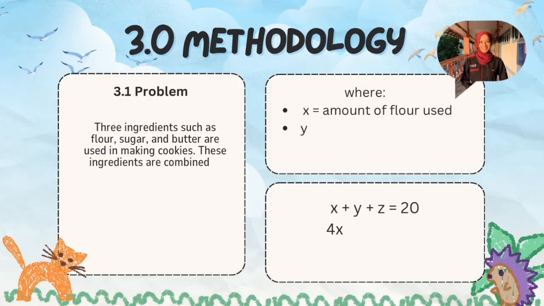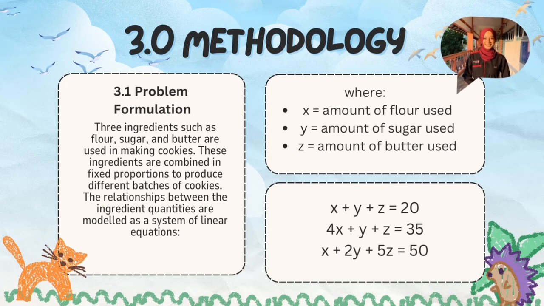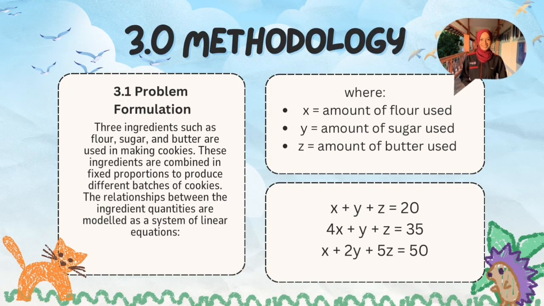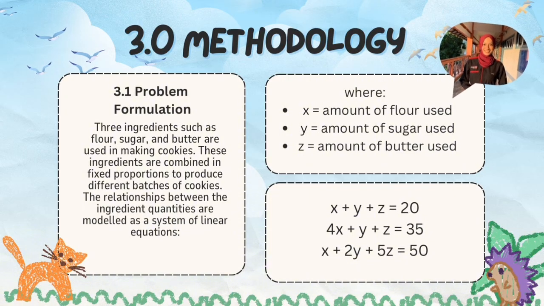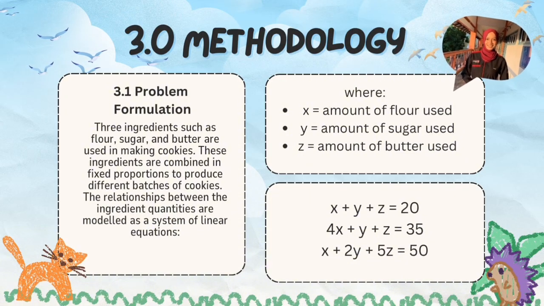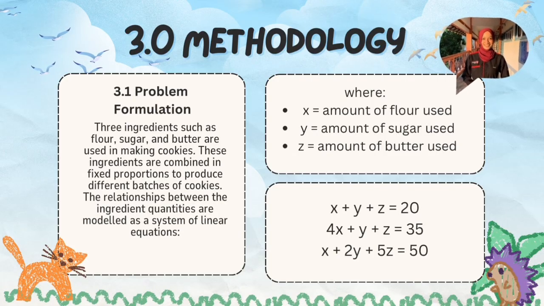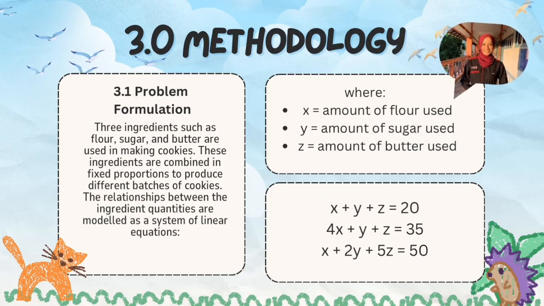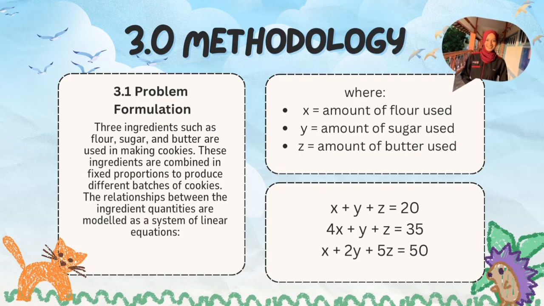Moving on to the methodology. Problem formulation. Three ingredients such as flour, sugar and butter are used in making cookies. These ingredients are combined in fixed proportion to produce different batches of cookies. The relationship between the ingredient quantities is modeled as a system of linear equations.